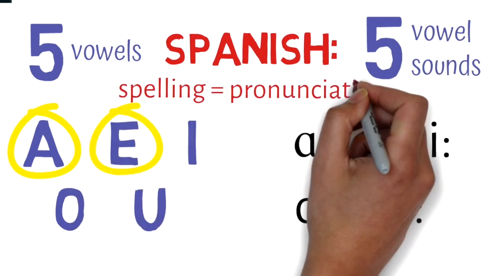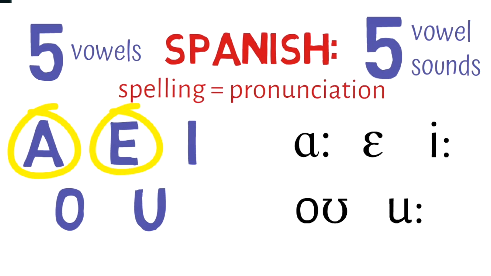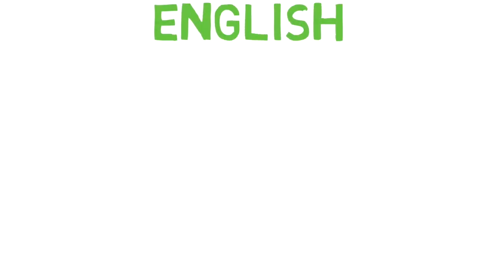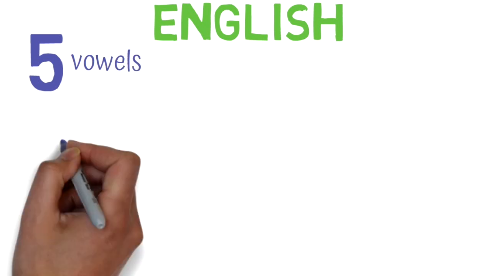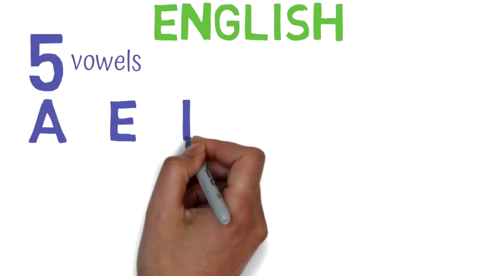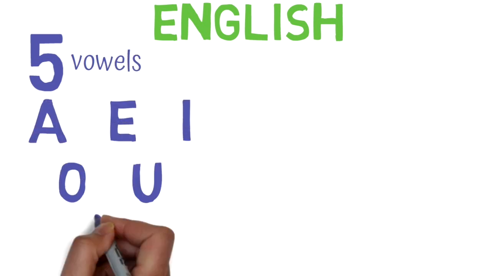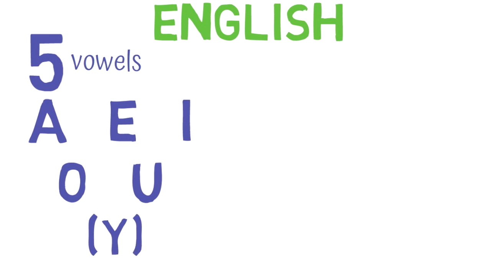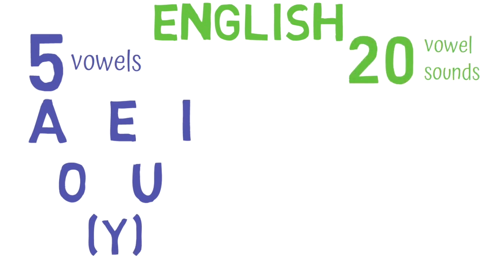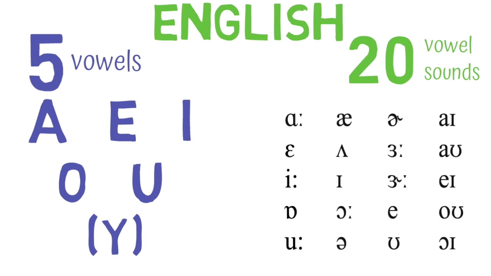Pronunciation and spelling match. English is not like that. English has the same 5 vowels, A, E, I, O, U, and sometimes Y. But they produce up to 20 different sounds, depending on the word.